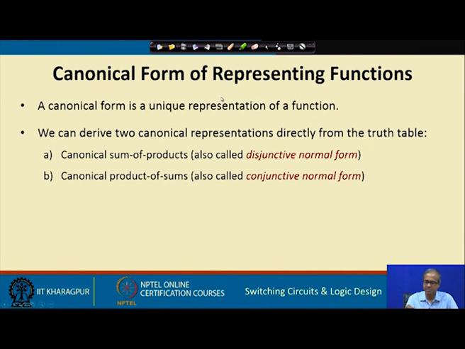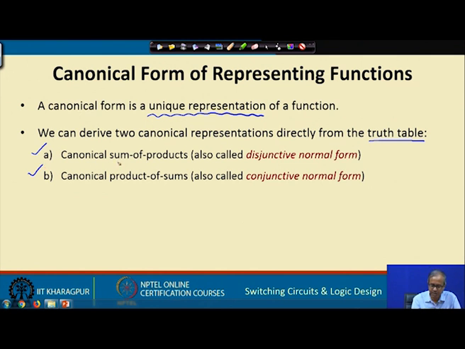Canonical representation of switching function, canonical forms. As I said, canonical form is nothing but some unique way of representing a function. Given a truth table, from the truth table we can directly arrive at two different canonical forms.